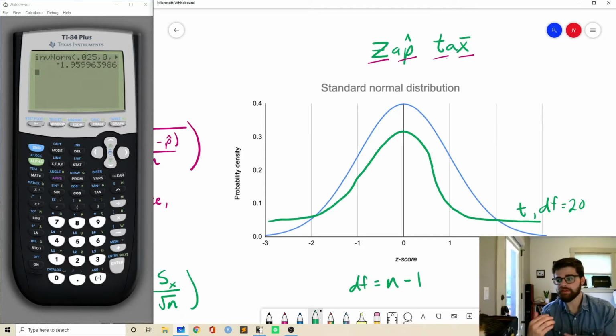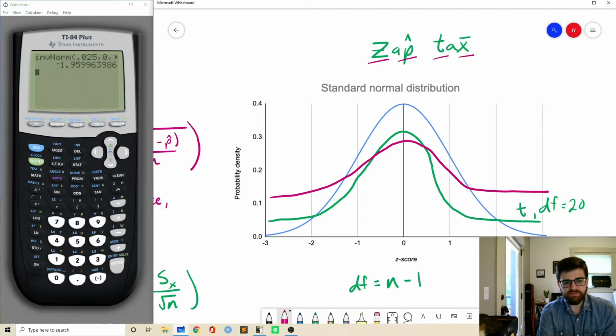And it's a parameter that helps determine how much variability there is in our t-distribution. If we had a really small sample, and I'm exaggerating a little bit, we might see a t-distribution like this, where there's a lot more variability because we have such a small sample. So this might be a t-distribution with degrees of freedom of 5 or something like that, right?